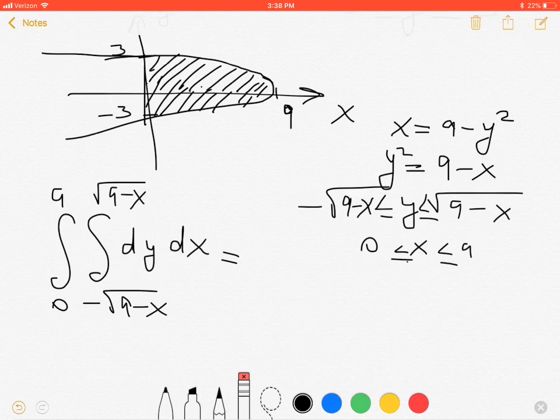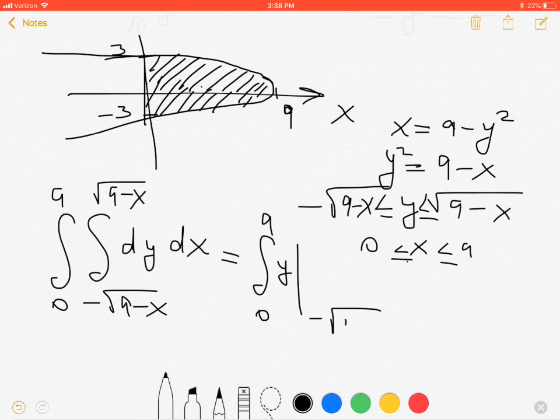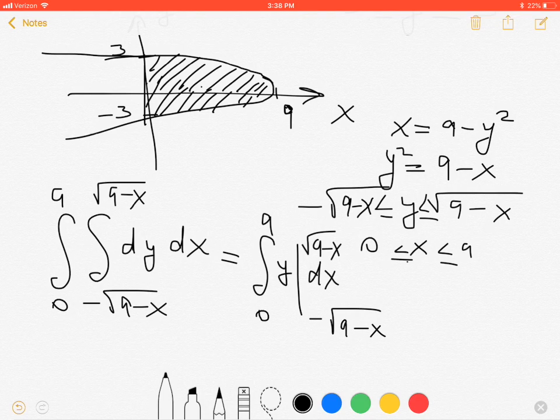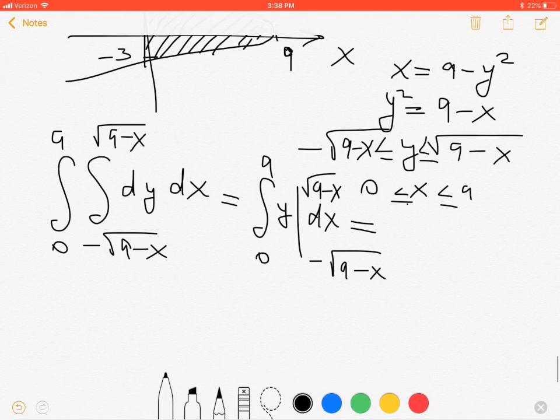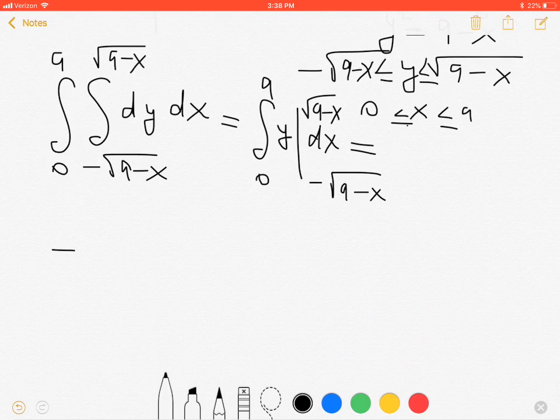Okay, solve this one. What do we have here? It will be the integral from 0 to 9. This will be y, and you need to plug in. Here will be root minus negative root.